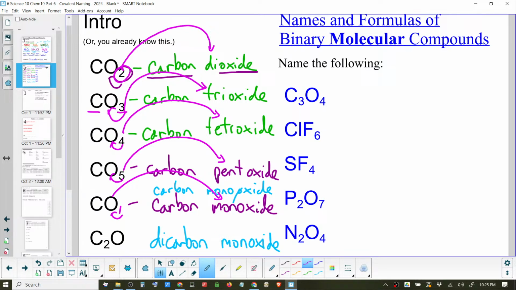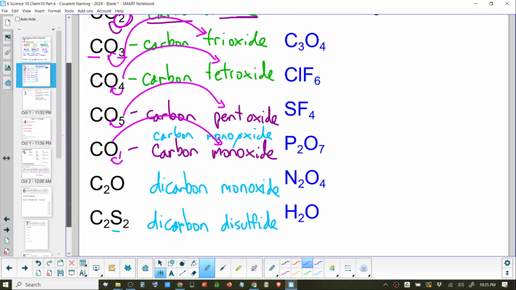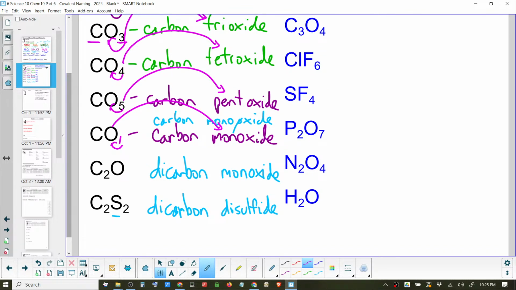We drop the mono on the first element. It's just the rule of what we do. Monocarbon monoxide just was designated as too much of a mouthful to say. But for every other one, if we have a 2 there, that goes to the carbon. So it would be dicarbon monoxide, because that's a 1. And the 1 would go to the monoxide because it applies to the oxygen.